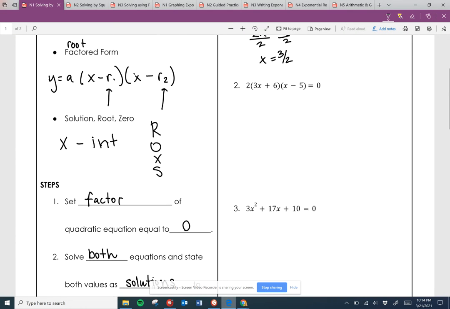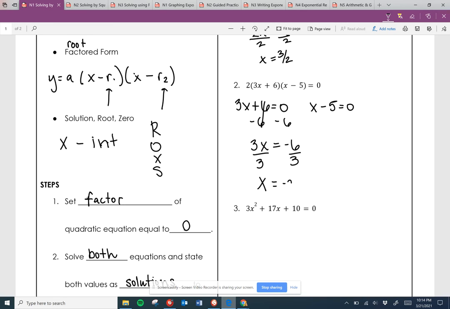If you remember, if there's a GCF, we do not need to set that part equal to 0. So we'll just go ahead, 3x plus 6 equals 0, and then x minus 5 equals 0. So here we'll have minus 6, 3x equals negative 6, because positive 6 minus 6 is 0. Then we will divide both of those by 3, x equals negative 2.